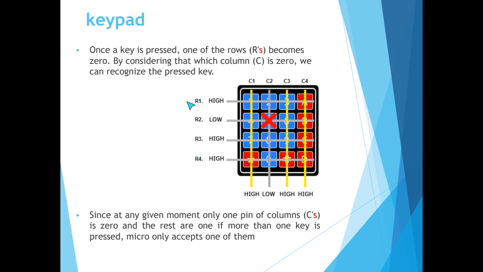And if, for example, these rows equal 0, it means that the code should return us 3. This is the 3 key. If this is 0, it should return us 6. If this is 0, it should return us 9, and so on.